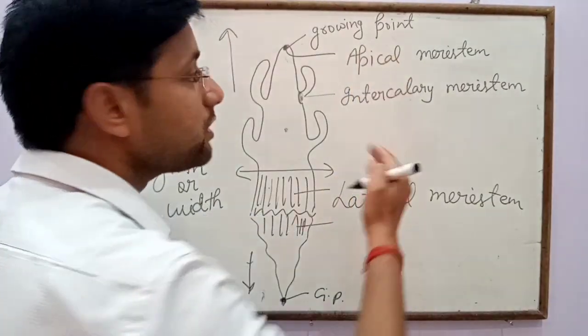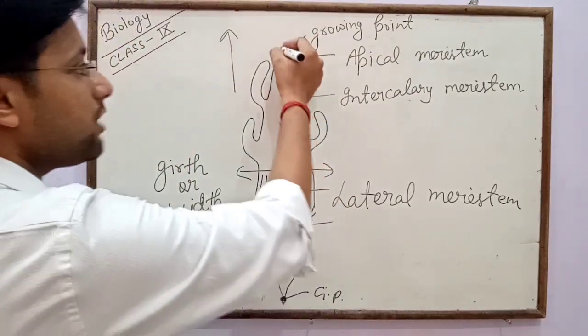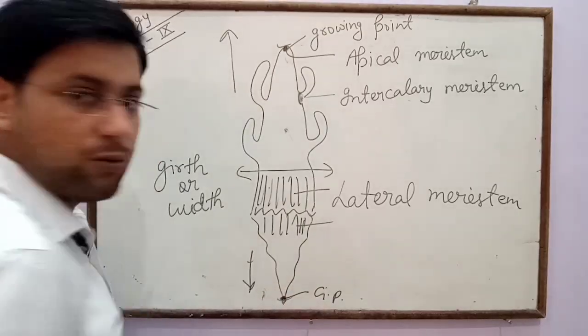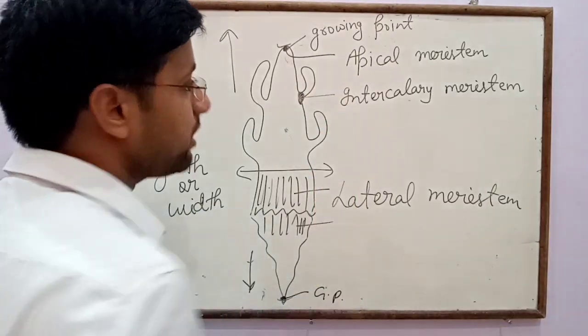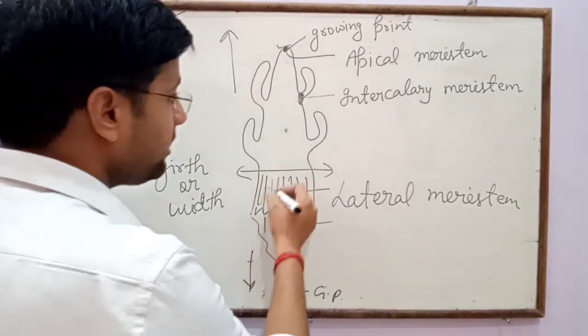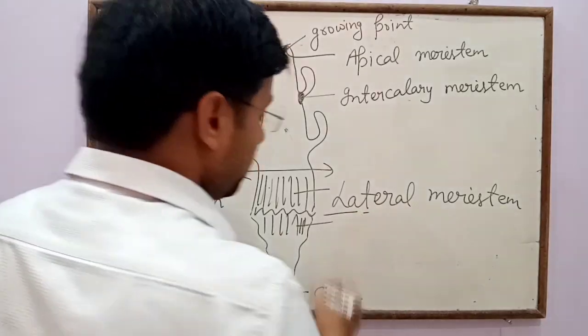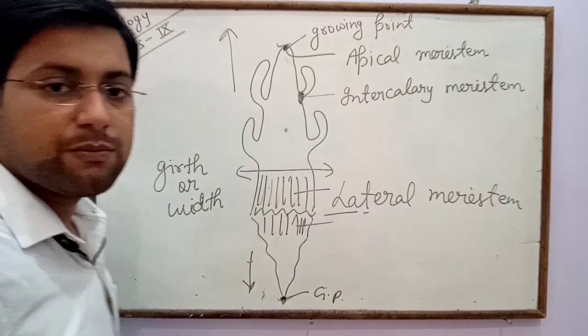Apical meristem, where all the meristematic tissues are present, is on the upper tip of the shoot and root apex. In the basal part of leaves and internodes, intercalary meristem is present, and in the lateral part of the shoot and root, lateral meristem is present.